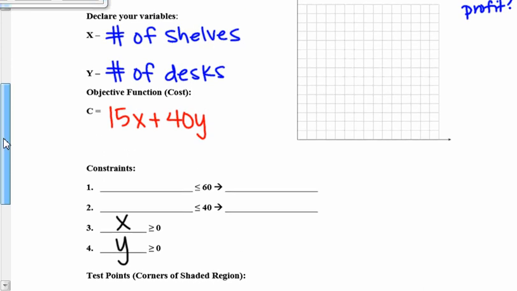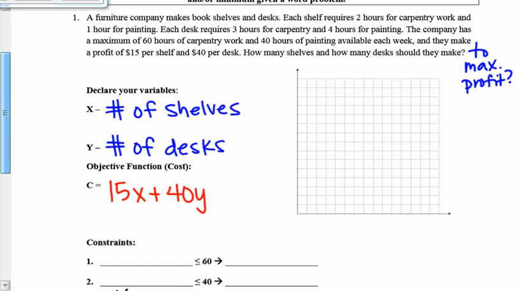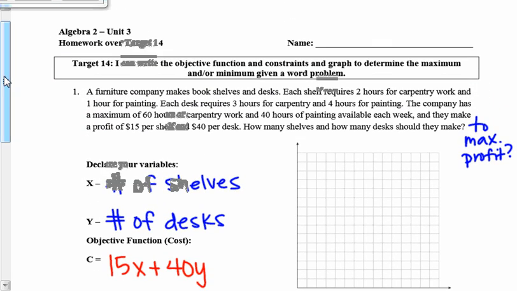My other constraints, one of them has to do with 60 and one of them has to do with 40. Let's work at this 60 one. Let's find 60 in our word problem. Okay, so it says the company has a maximum of 60 hours of carpentry work. So I'm only focusing on carpentry work here. A desk requires 3 hours for carpentry, and then a shelf requires 2 hours for carpentry.